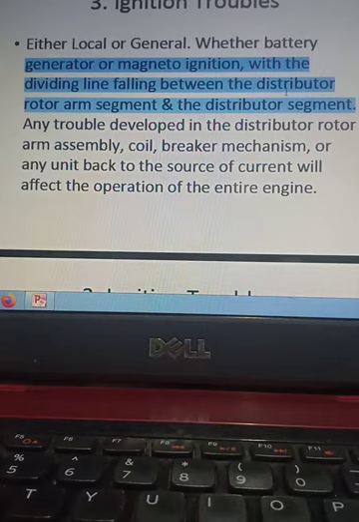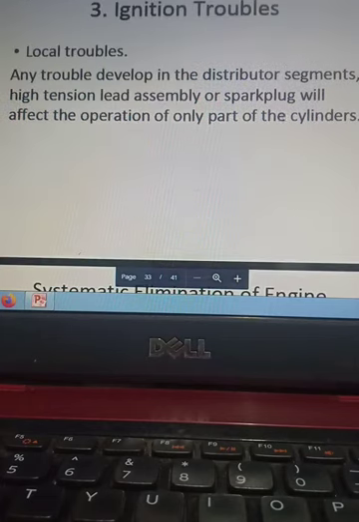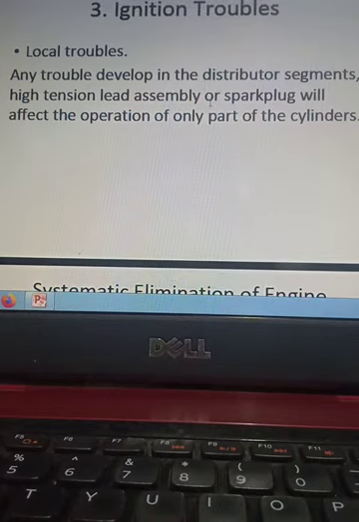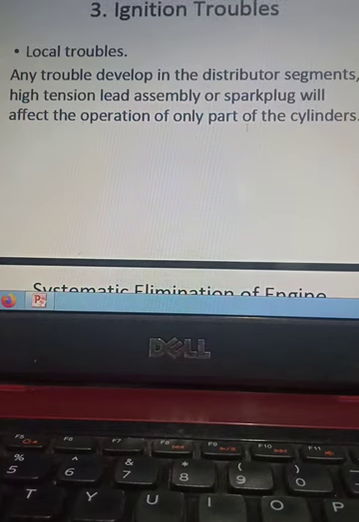So any trouble developed in the rotor arm assembly, coil, breaker mechanism, or unit back to the source of current will affect the operation of the entire engine. Okay? For the local, any trouble developed in the distributor segments, high tension lead assembly, or spark plug will affect the operation of only part of the cylinders.